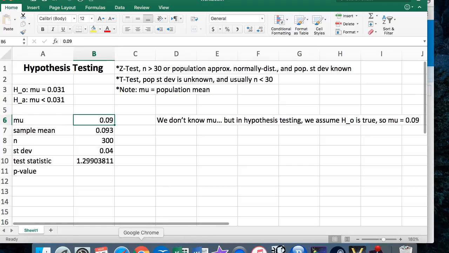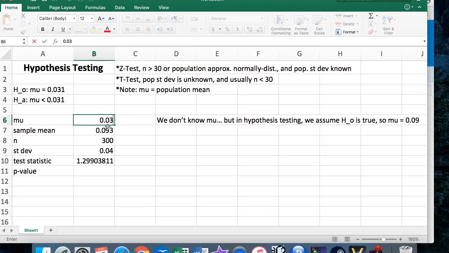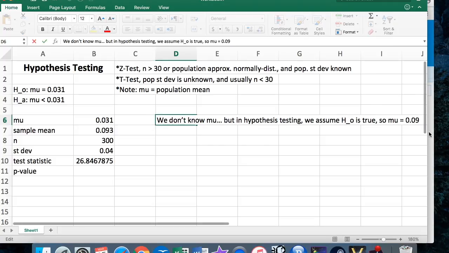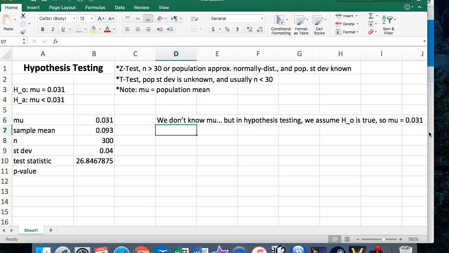Alright, so now we have to find all of our data. Now remember the mu, your population mean: you assume that the null hypothesis is correct. So we assume that it's true. That means that right away our mu is 0.031. Just this statement here.